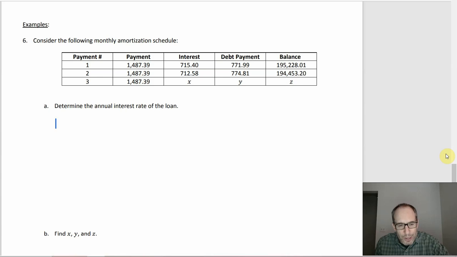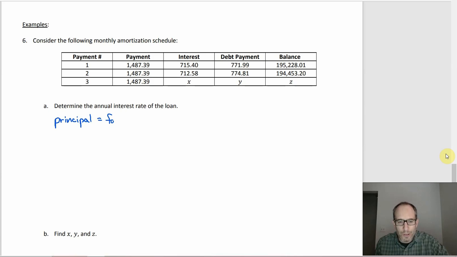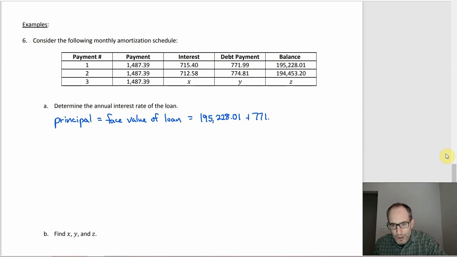So the principal, or the face value of the loan, would have to be 195,228.01 plus 771.99, and that adds up to $196,000.